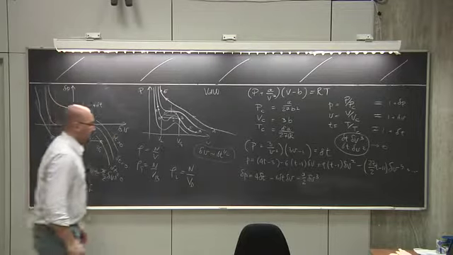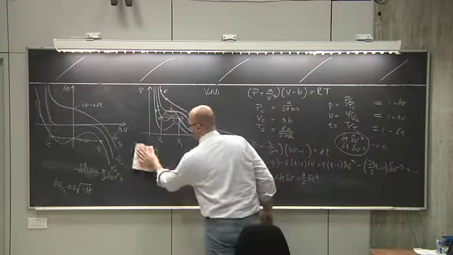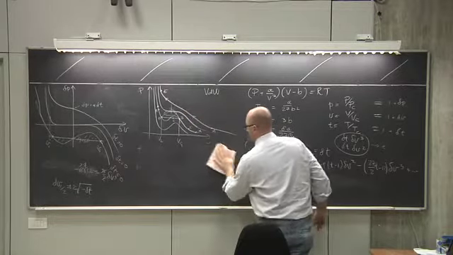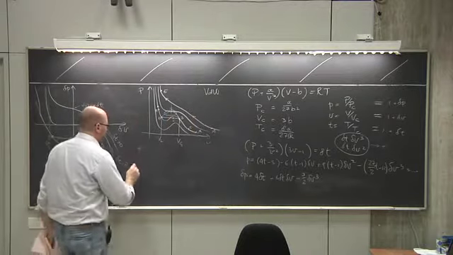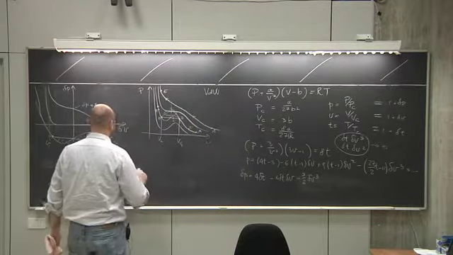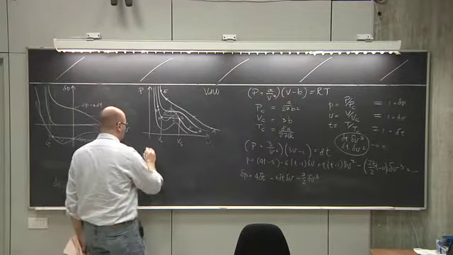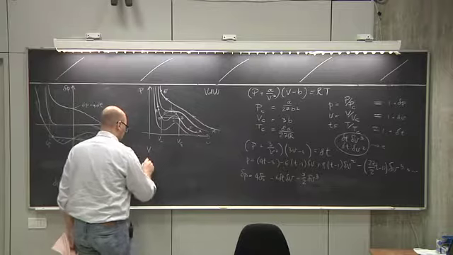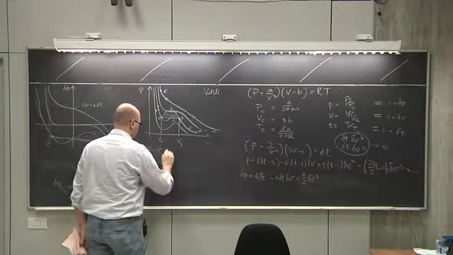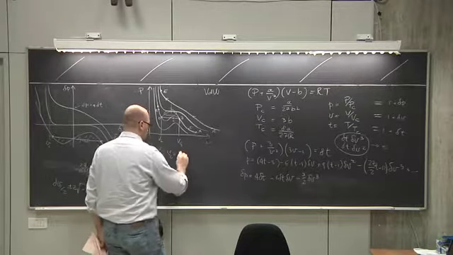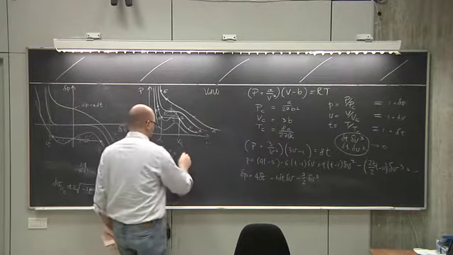So the difference in the specific volumes, delta V, which is V gas minus V liquid, is 2 times this object here.